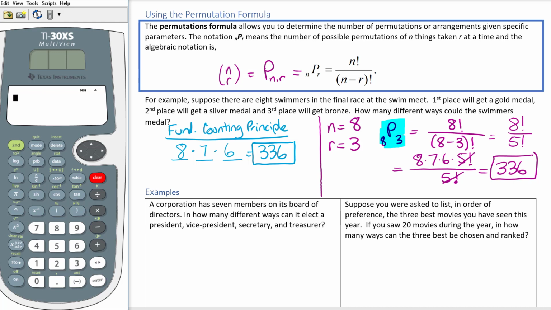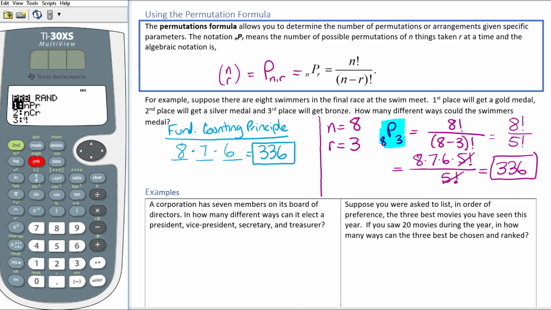So if I want to check my work, on my particular calculator, I don't have the nPr button on the face of my calculator, but under the probability menu, I have nPr. Because the n's in front on my particular calculator, I first want to type in the 8, then use my probability button.